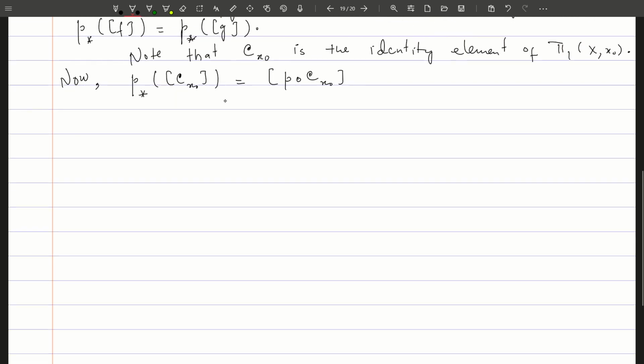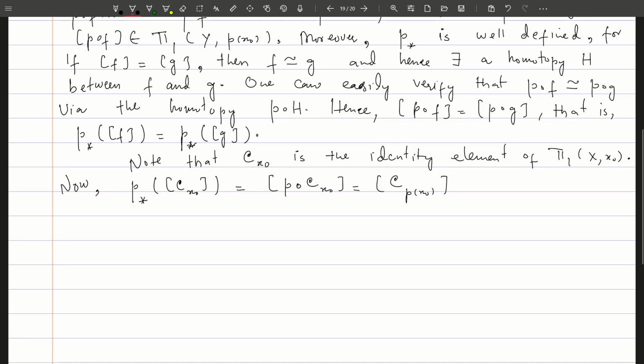So that means this is the same as the homotopy class of c sub P of x naught, which is the identity element of pi 1 of Y, P of x naught.